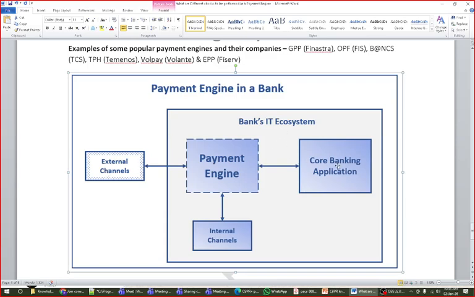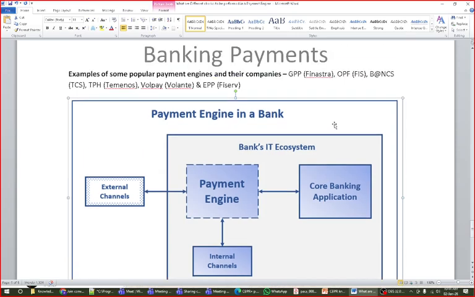Inside there is always a core banking application, the bank's own applications, which the bank manages itself, and internal channels are connected with this. The payment engine is connected with external channels. So that's, at a very high level, how the payment engine is connected to the core banking system. I have one bigger picture as well, but we will discuss it sometime later. Very minute details are mentioned there, such as the loan department, savings department, and FX department.